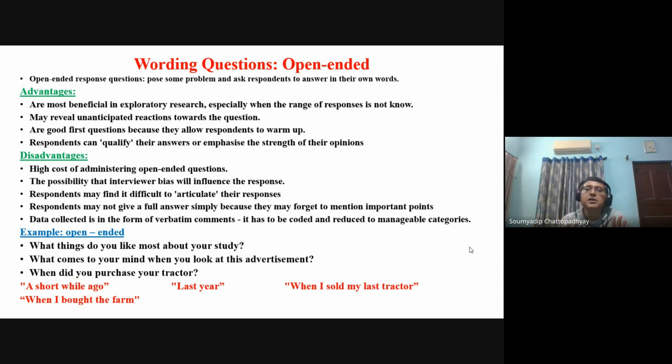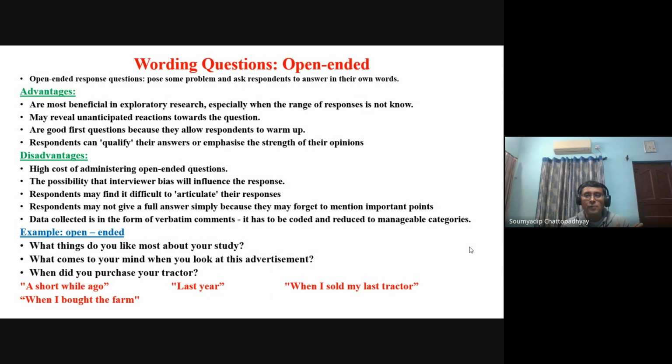But for the time being, what I am trying to argue is that if your questions are open-ended, then since there is a possibility of getting different types of answers, in some cases the data is collected in verbatim comments, and the challenge for the researcher is to properly code those responses, and also to reduce those different responses to some manageable categories, so that you can actually make a story out of it.